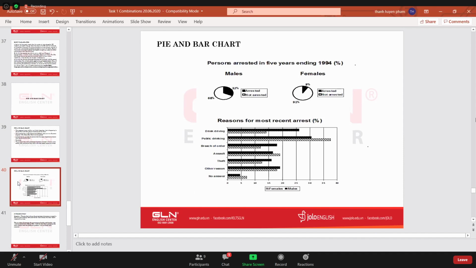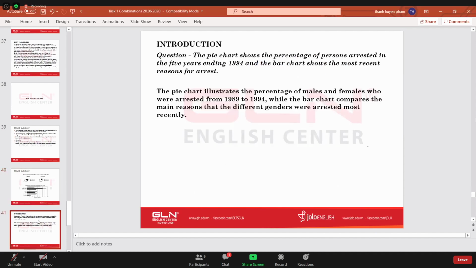And you can clearly see from that there are some quite significant differences. So let's again look at the introduction. So the pie chart shows the percentage of persons arrested in the 5 years ending 1994, and the bar chart shows the most recent reasons for arrest.